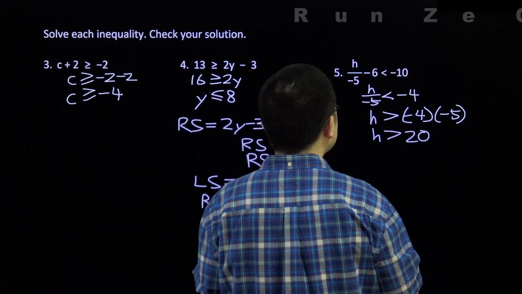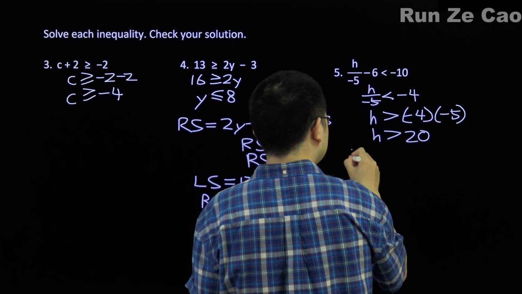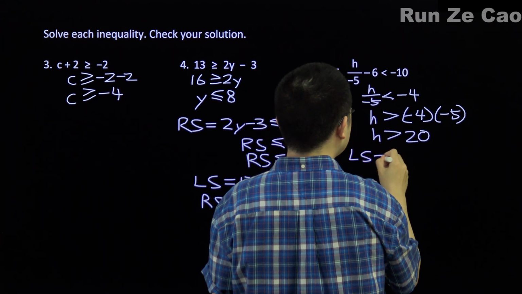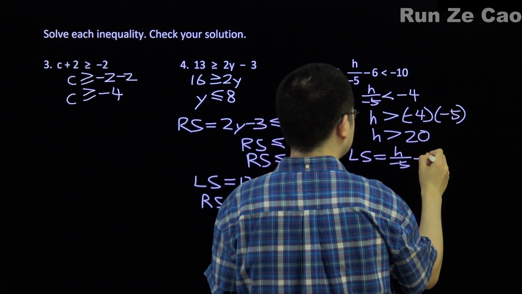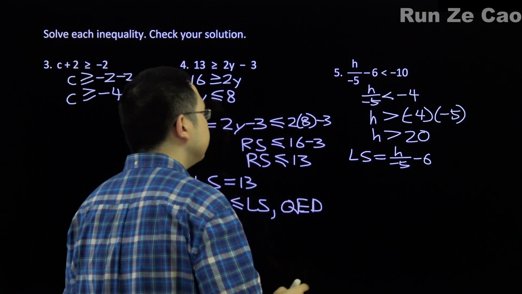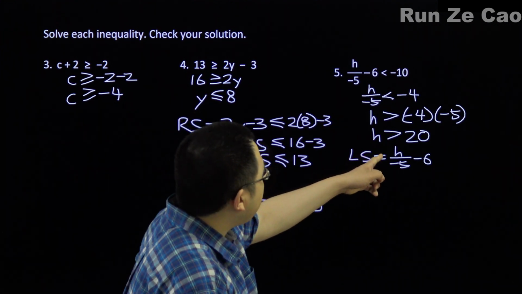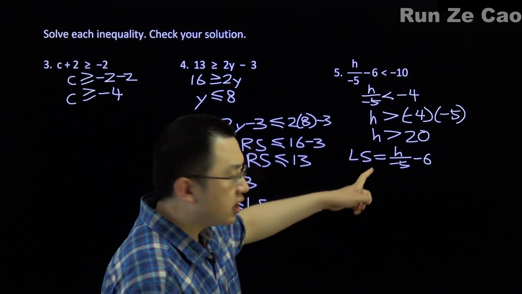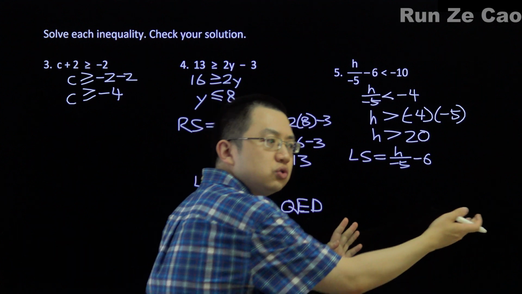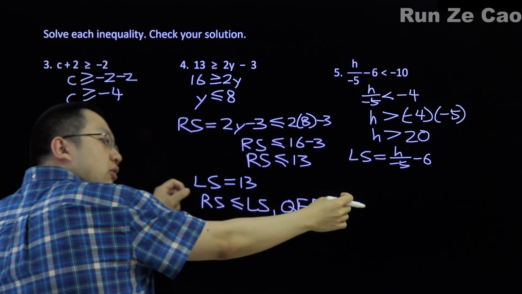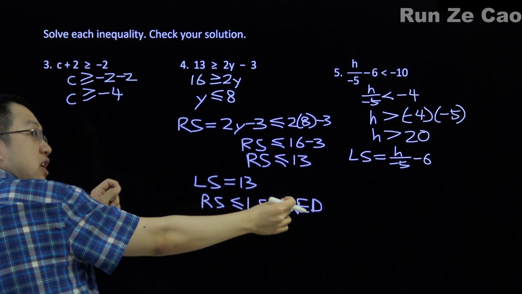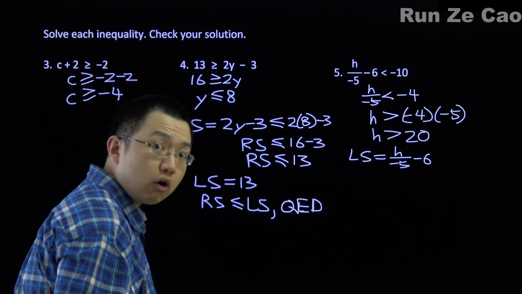Okay, then this would mean that the left side is equal to h over negative 5 minus 6. Now, what do we know? We know that h is bigger than 20, but if we divide by negative 5, we're sure to get a number that's further from 0 in the negative direction than negative 4.